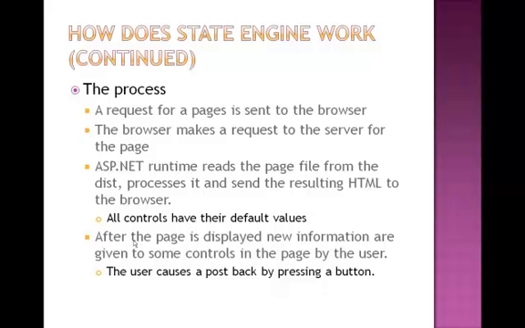In this case, instead of the default or empty value for the label, the final look of the page will contain the time and date which was set for the label into its view state.